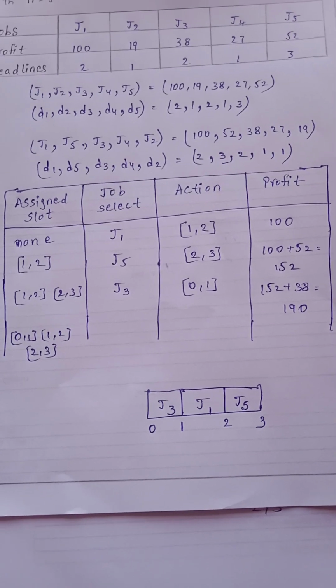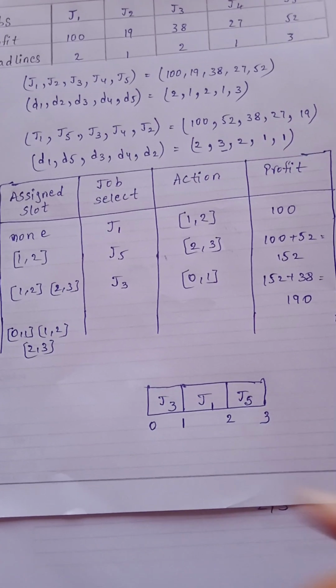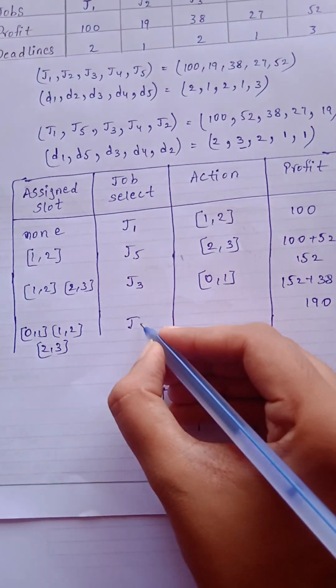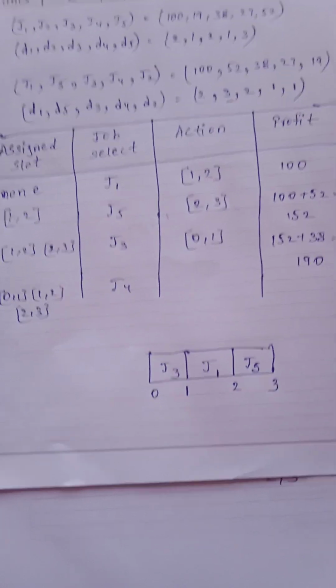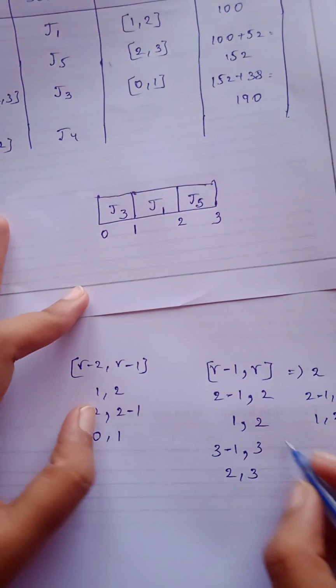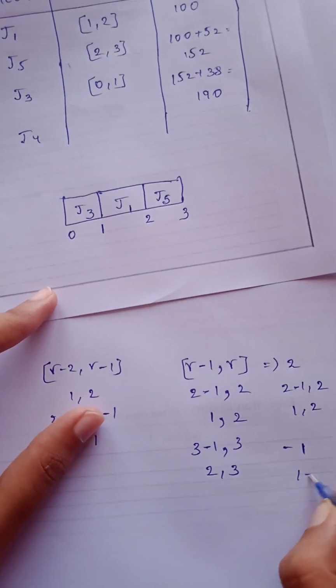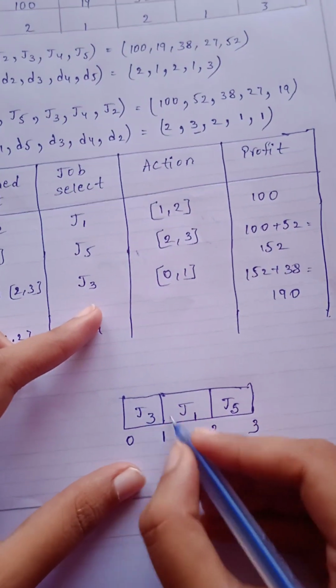The next profit is 27, which is the profit of J4. J4 deadline is 1, so 1 minus 1 comma 1, that is 0 comma 1. But the 0 comma 1 slot is already occupied.